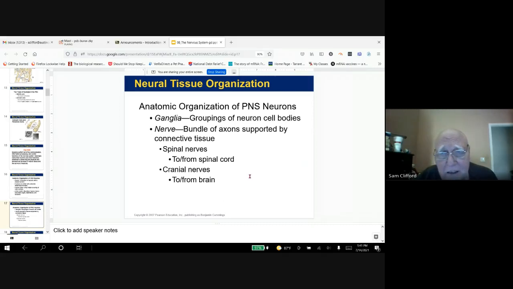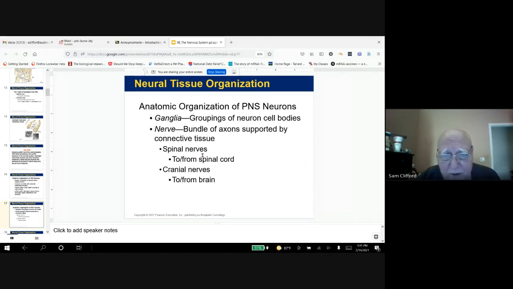Okay, so in the peripheral nervous system, there are groupings of neuron cell bodies called ganglia. If anybody's ever had an infection of your ganglia in your periphery, I can't think of the disease. But a nerve has bundles of axons.